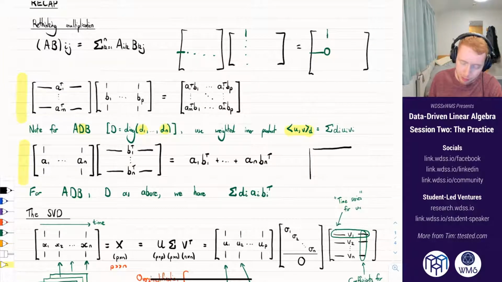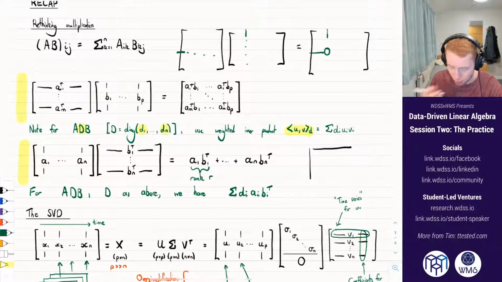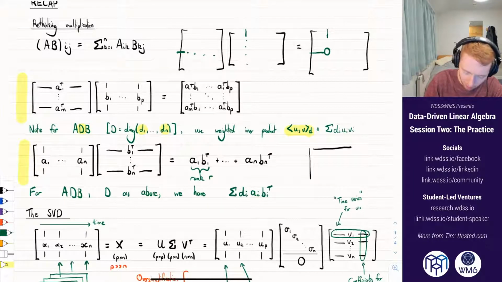And so this is a really beautiful idea because these matrices here have a rank of 1. And so what that means is that we can represent this matrix product on the left as a sum of rank 1 matrices. And these rank 1 matrices, think of these as like your Lego bricks.